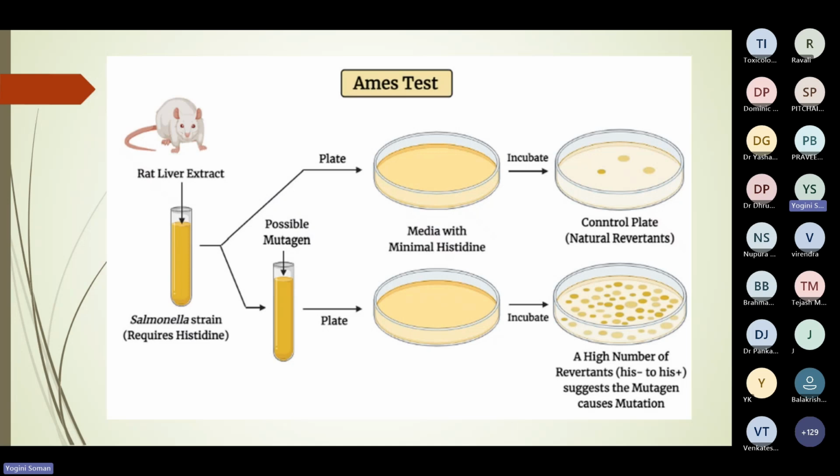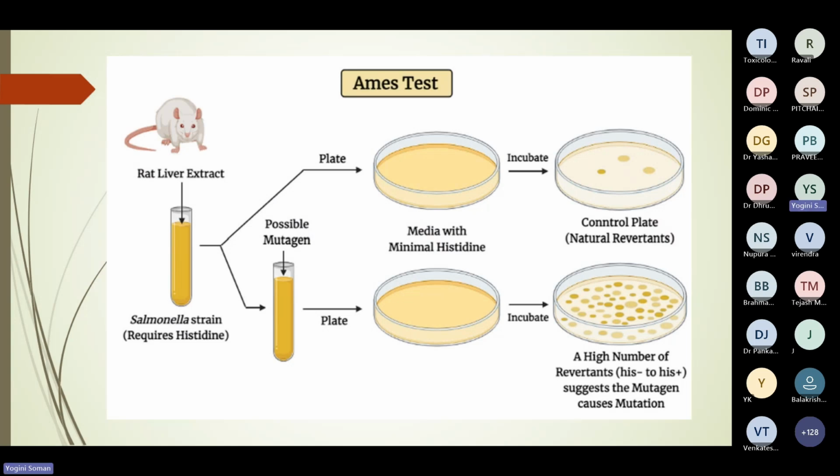After the incubation, the control plate shows natural reversions, so the number of colonies is lower. If the compound is mutagenic, we get a higher number of revertants, because his minus is converted into his plus through reversion, so there are more revertant colonies.